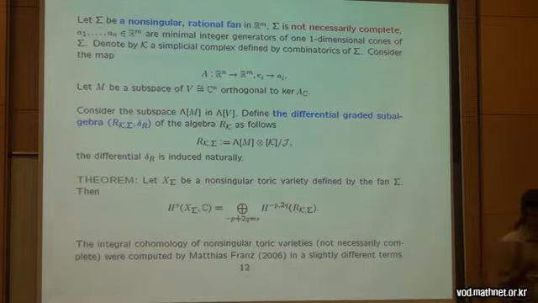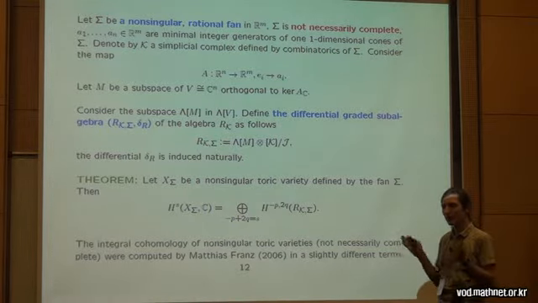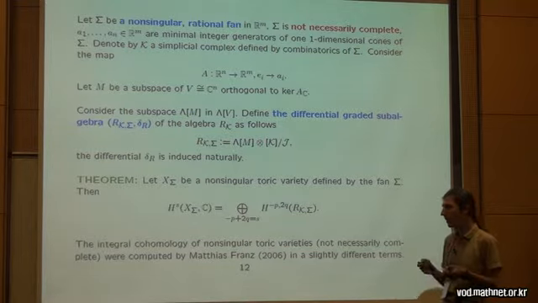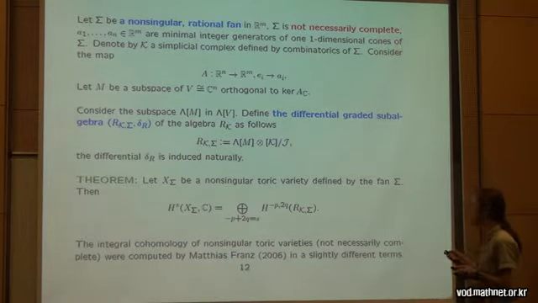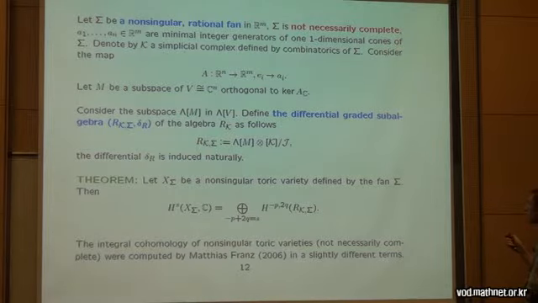Okay, and now I would like to say in the last 7 minutes a few words about mixed Hodge structures on smooth open toric varieties. Because the Hodge theory for the complete smooth toric varieties is well known. Let sigma be a non-singular rational fan, and sigma is not necessarily complete, and a_1, ..., a_n are generators of one-dimensional cones of this fan, and we have this map as before.